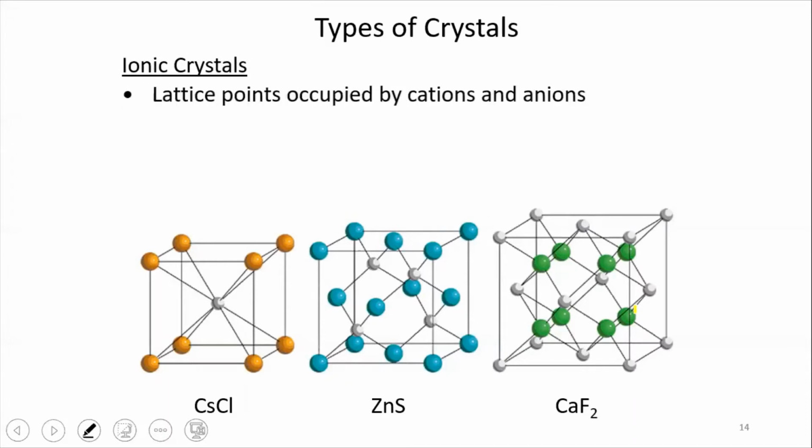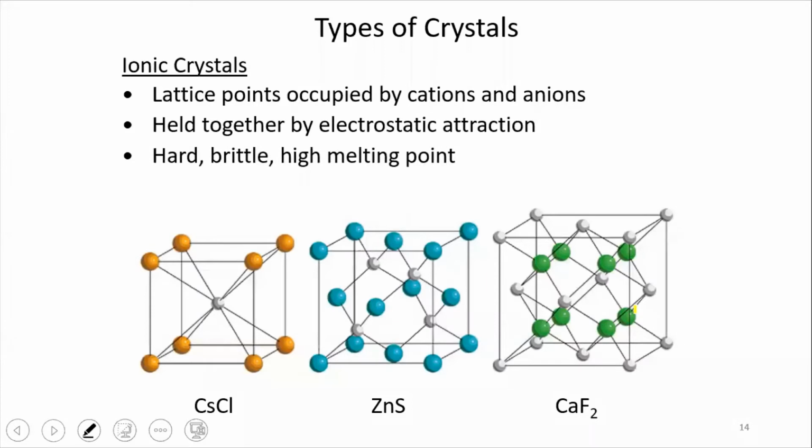In the ionic crystal, essentially the lattice points, the corners of the cube, are occupied by cations and anions, because that's what the ionic crystal is made of, right? We know that the force that holds these things together is electrostatic attraction, so the positive charges attracting the negative charges. These are going to be very hard solids.